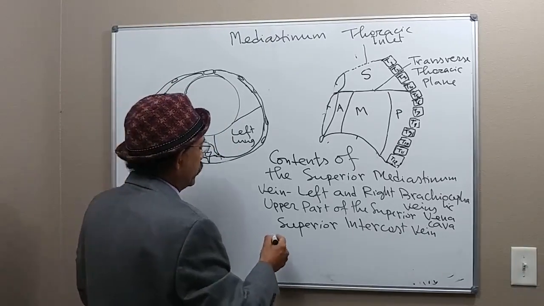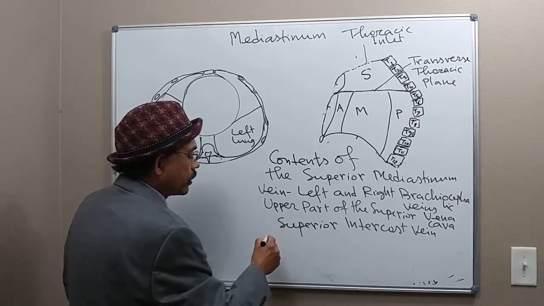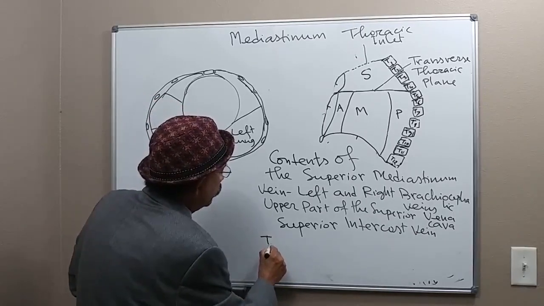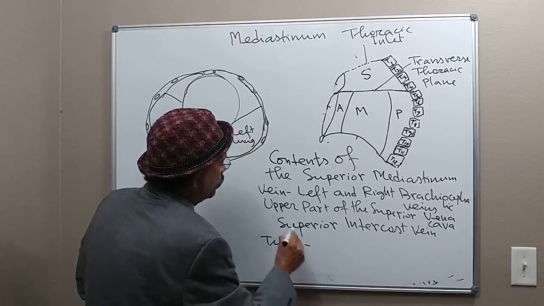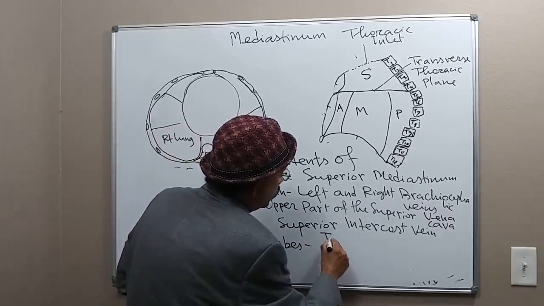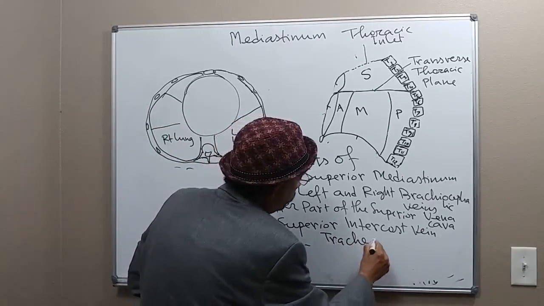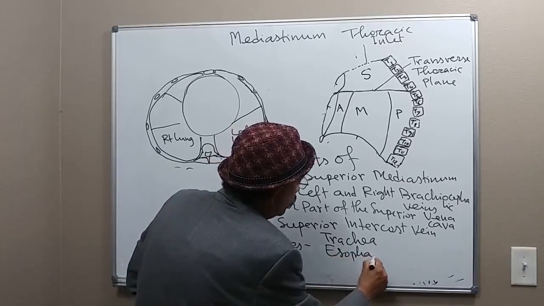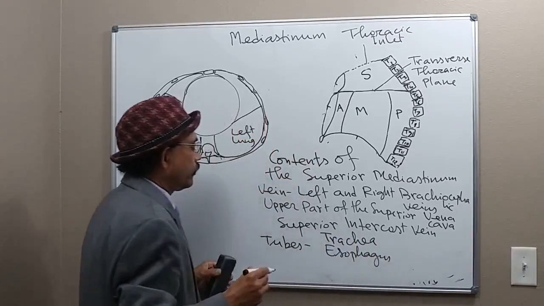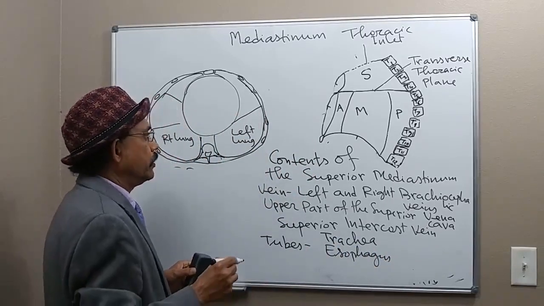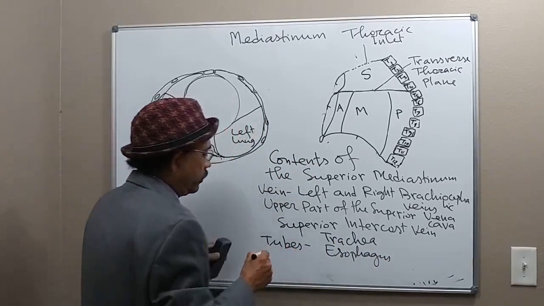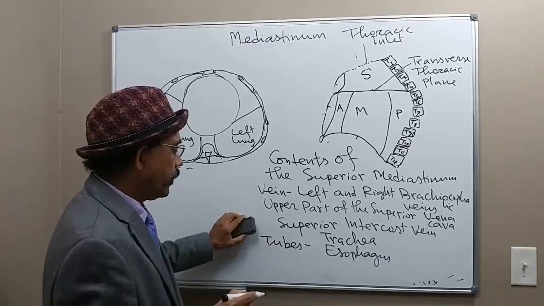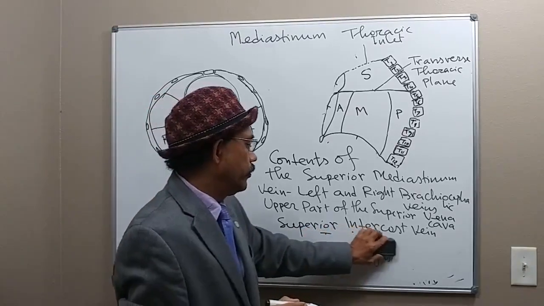We have some tubular structures, like we can say tubes. What are the tubes? We have the trachea and esophagus. Then we have nerves.